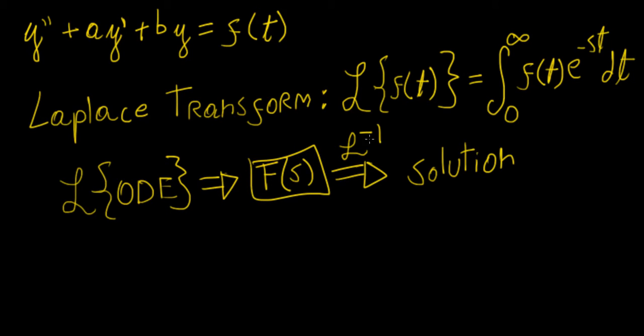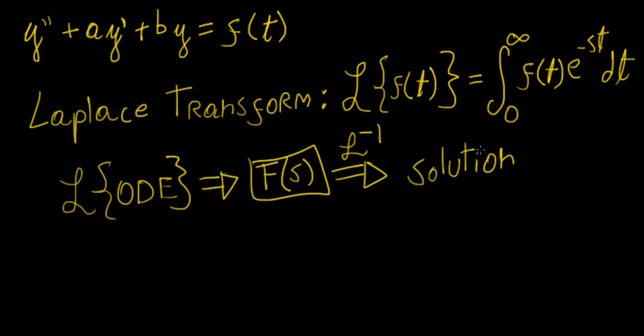Now, we can apply the Laplace transform to a whole ordinary differential equation, and that is going to transform it into an equation in the frequency domain. Then if we apply the inverse Laplace transform to the whole equation again, we get the solution to our differential equation.